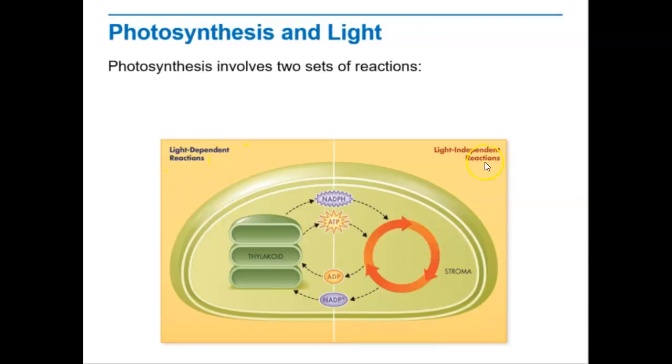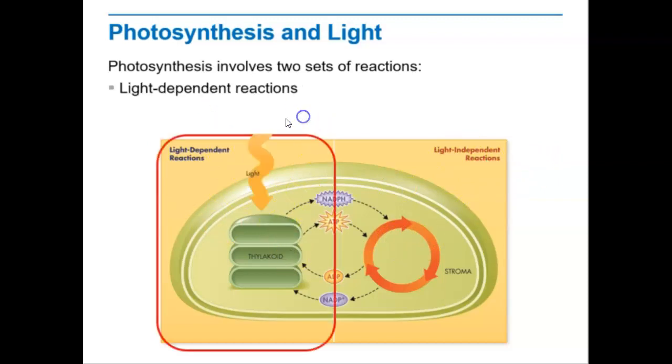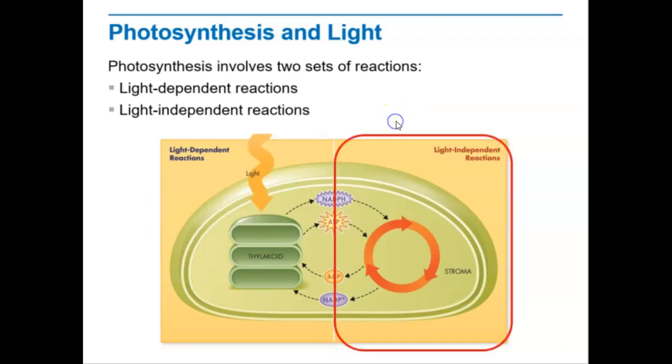We have light dependent and light independent. So light dependent requires light, right? So if we look here, you'll see light comes in. Light dependent reactions happen in the thylakoid, right? And light independent reactions happen in the stroma, and they don't require any light.